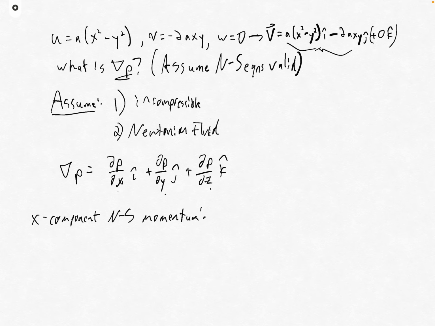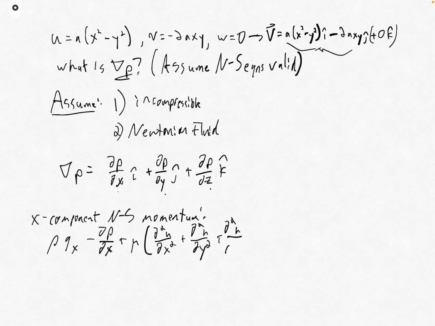We're going to have rho g_x minus dP/dx plus mu times (d squared u/dx squared plus d squared u/dy squared plus d squared u/dz squared) is equal to rho times the total derivative of the velocity with respect to time.